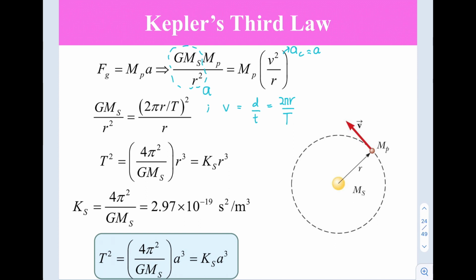A point to ponder here: kindly be reminded that if the question talks about, let's say, the moon orbiting the earth, then here you have to put the mass of the earth. It depends on what is the center of the motion. If the sun is the center, then you use the mass of the sun.